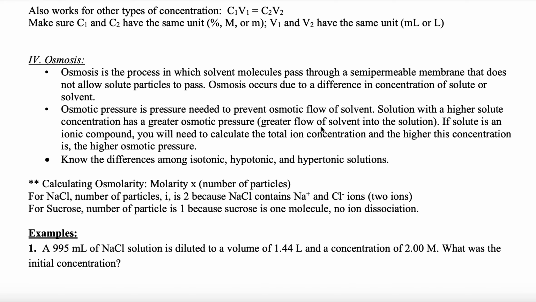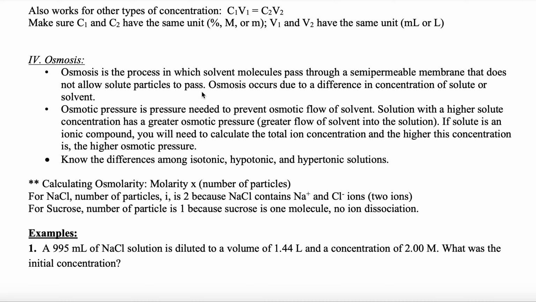Okay, and then the last topic in this chapter is osmosis. It is a process in which solvent molecules move through a semi-permeable membrane, which is a cell membrane, that only allows the solvent to move in and out, but not the solute, not the salt.